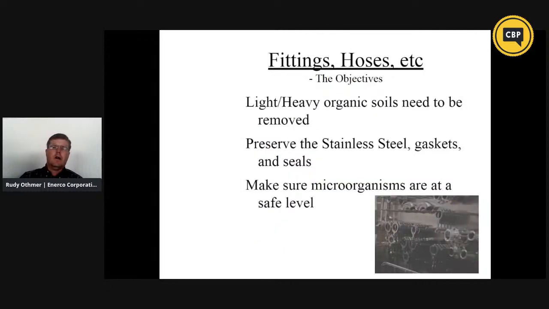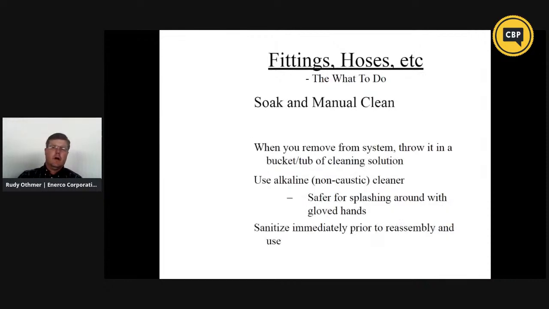Fittings, hoses, etc. Whatever happened to be in the tank is probably in the fittings, hoses, and so forth. So we need to get all that soil removed, and then we need to take care of our microorganisms. We're going to soak and manually clean these typically.